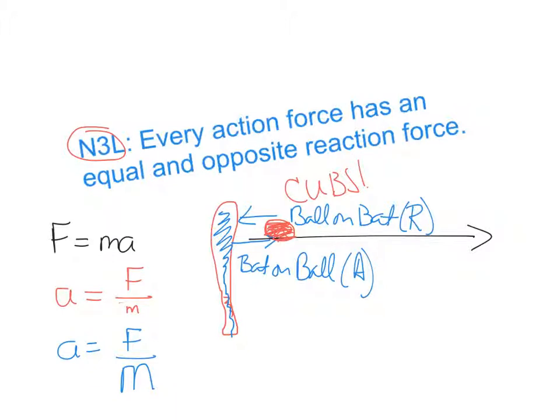So what does this do to the acceleration of the bat and the acceleration of the ball? Well, the acceleration of the ball, since it's a little mass divided by a force, it's an inverse relationship from our previous page, so it would have a big acceleration.